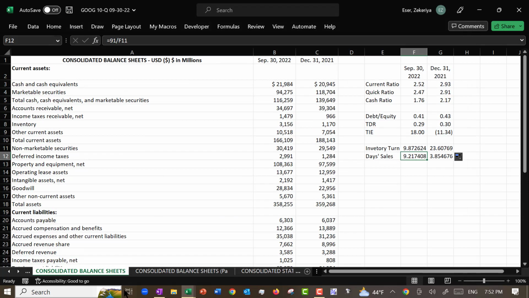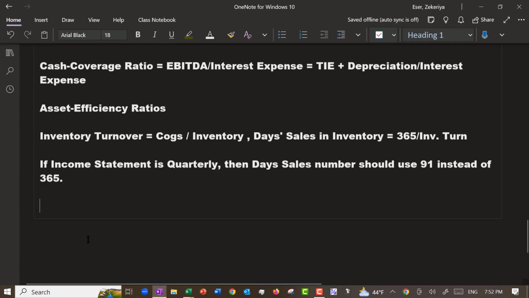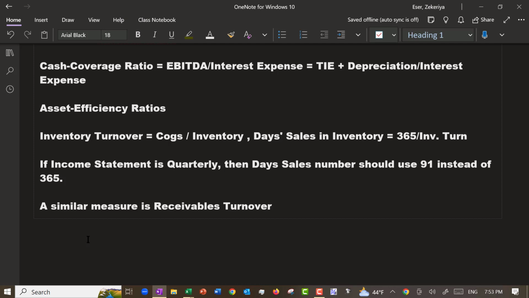A similar measure is called receivables turnover. It's sales or revenue divided by accounts receivable, and similarly days sales in receivables.